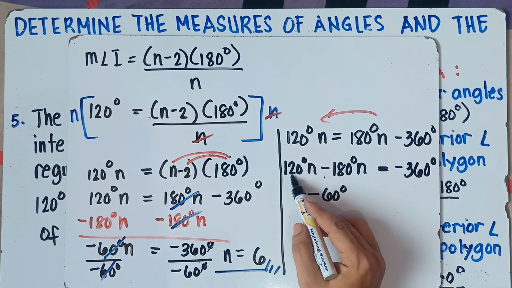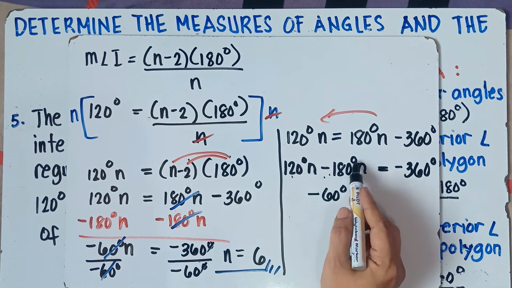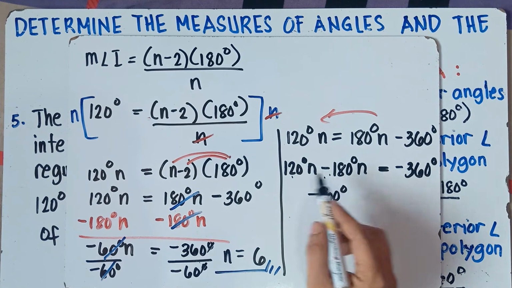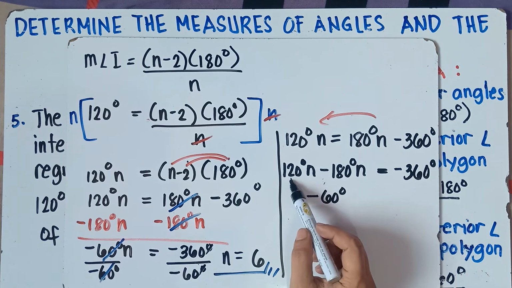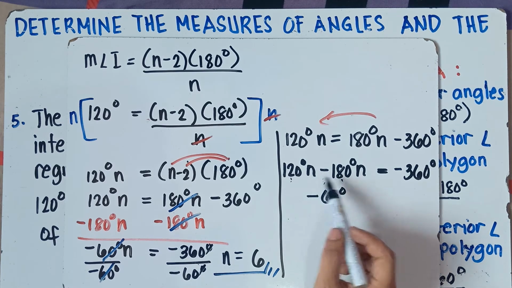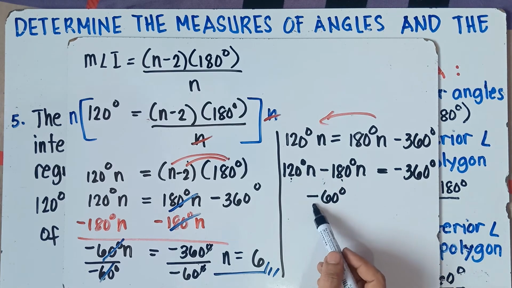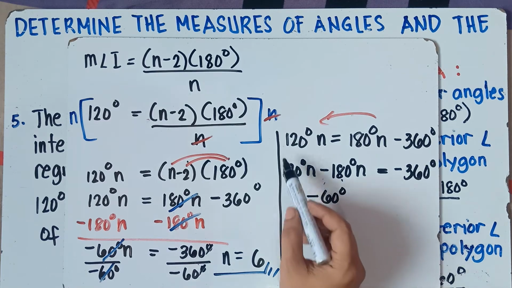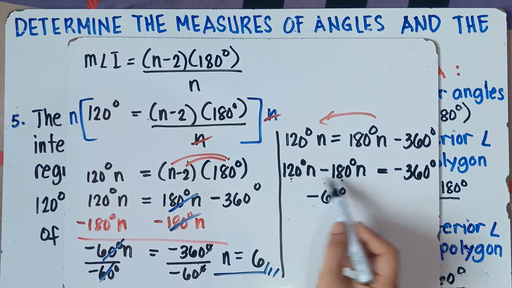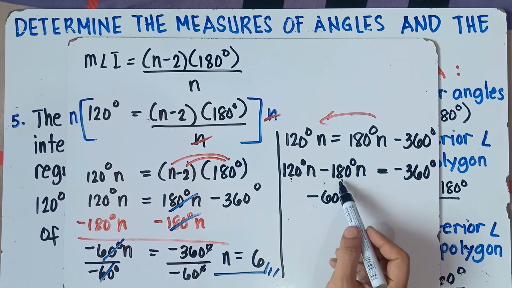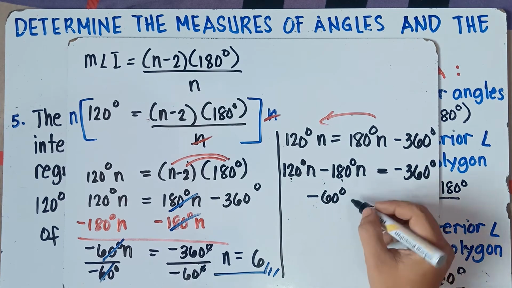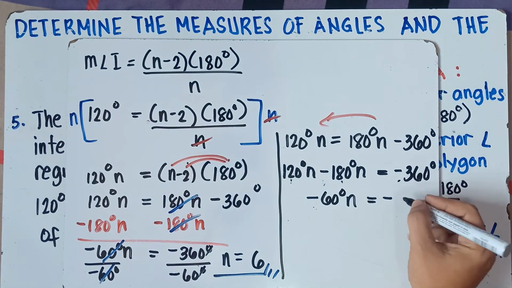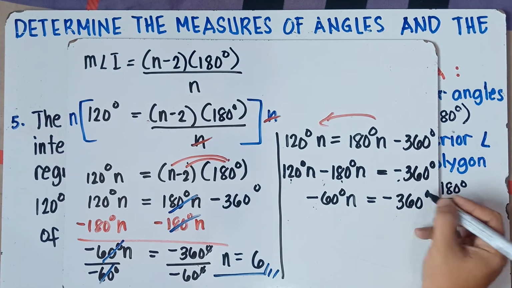So 120 degrees minus 180 degrees, simply subtract, then copy the sign of the larger number. 180 is greater than 120, that's why we have negative 60. Unlike signs, positive then negative: subtract, then copy the sign of the larger number. So we have negative 60 degrees, then copy n. Then copy this one, negative 360 degrees.